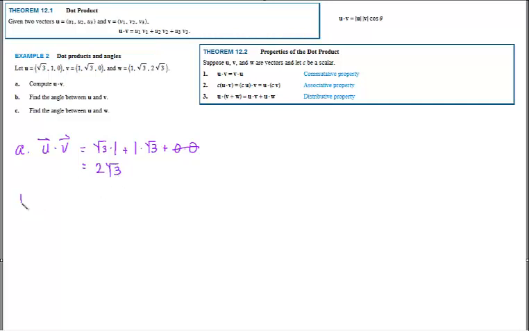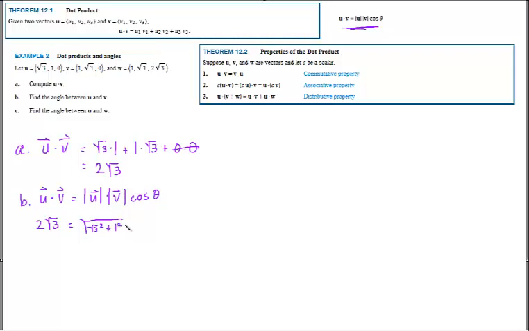For the next one, I'm going to find the angle between u and v. Well, I have just calculated the dot product using that theorem, so that's going to be pretty handy. And let me write down my general definition for dot product, because I'm going to be using that. And cosine theta. So I'll know that this guy is 2 square roots of 3. The magnitude of u is going to be the square root of square root of 3 squared plus 1 squared.